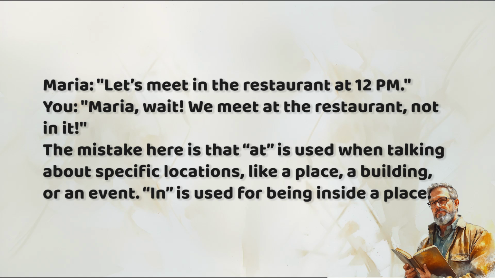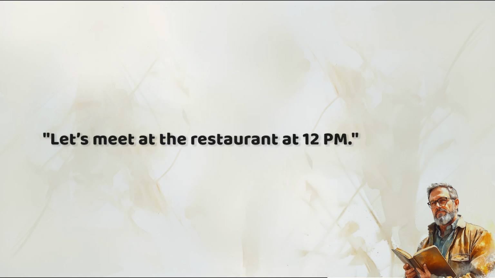We meet at the restaurant, not in it." The mistake here is that at is used when talking about specific locations like a place, a building, or an event. In is used for being inside a place. Correct sentence: Let's meet at the restaurant at 12 p.m.